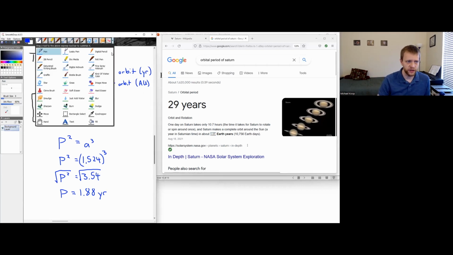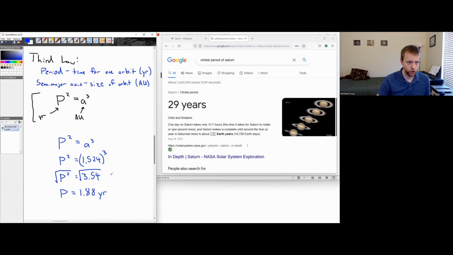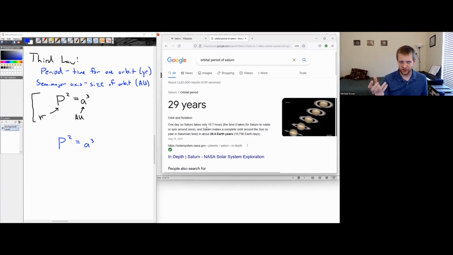So that would be the period of motion for Saturn's orbit. Let's see if we can use that data to figure out Saturn's semi-major axis. How large is its orbit? In this case, we're going to have to do things a little bit differently. We've got the period of the motion, which is 29.4 years.